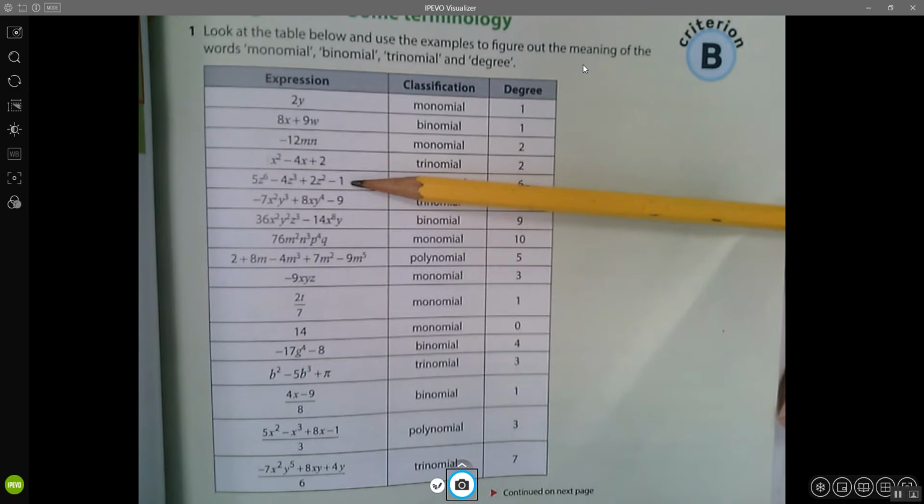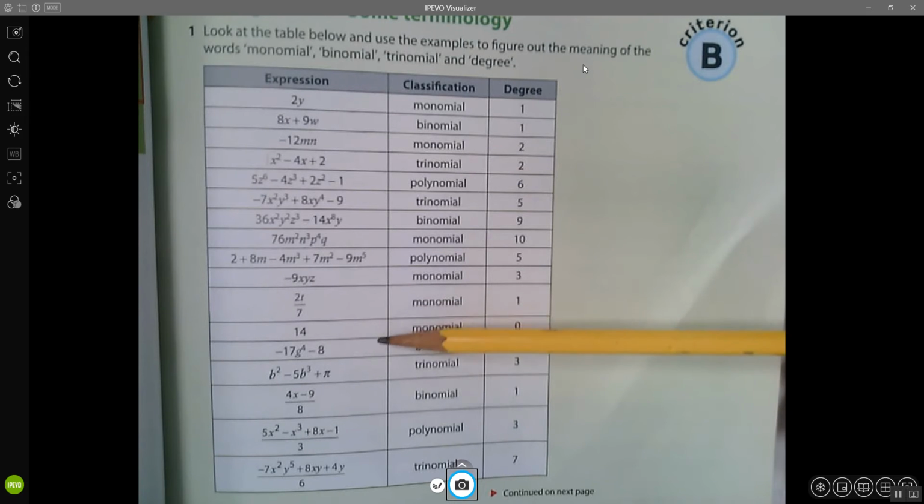Not 1, but you're close. Always look at the sign in front: -1 is the constant term. Remember, the constant term is the one that doesn't have a variable.